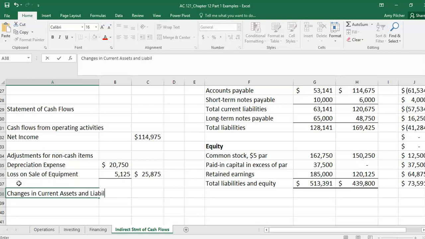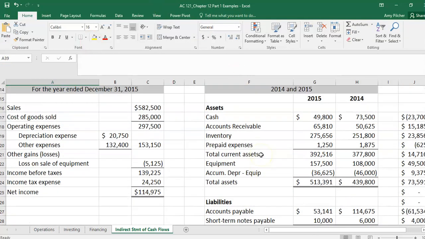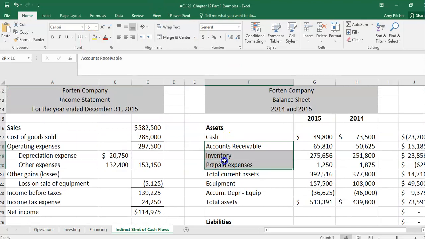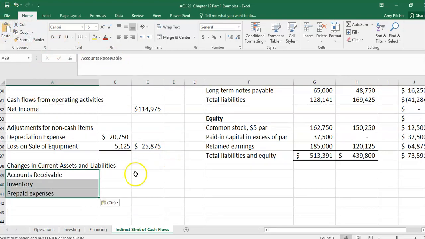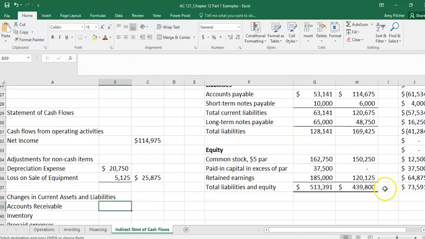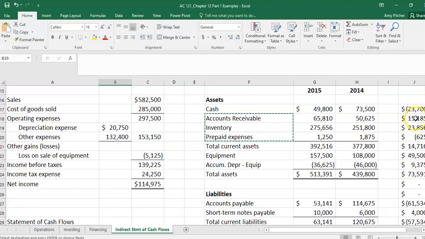So we have current assets: accounts receivable, inventory, and prepaid expenses. So first, accounts receivable. We have an increase of $15,185.